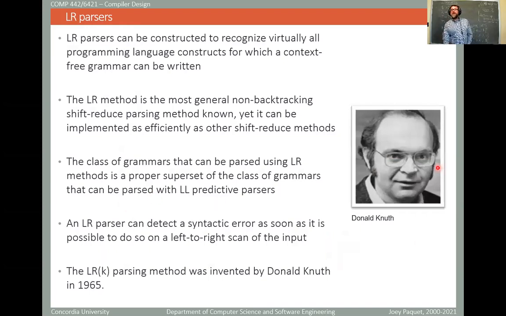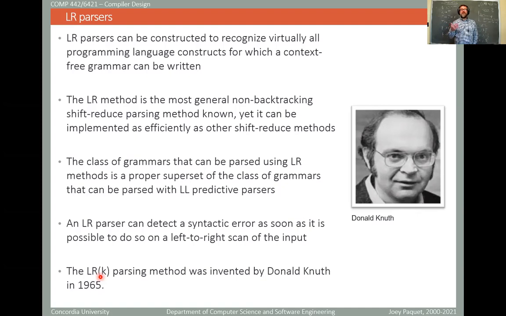Now let's do a little bit of history. What are LR parsers? How did it start? It started with Donald Knuth, who invented LRK. Here we're going to be using LR1, but in LRK in general, what does the K mean?